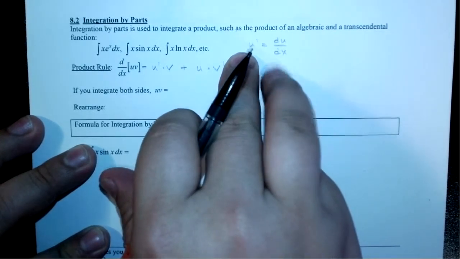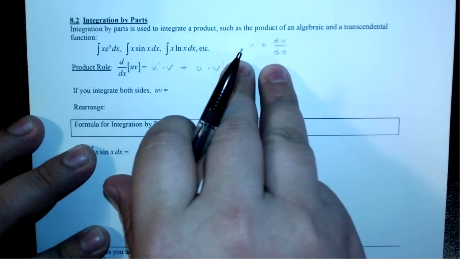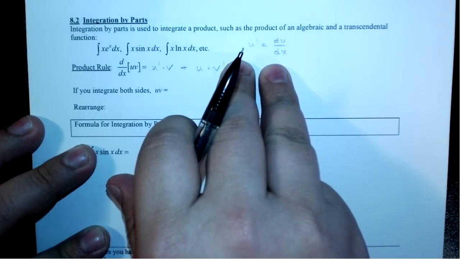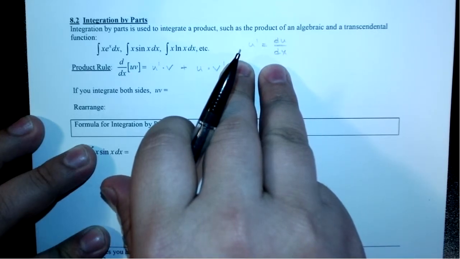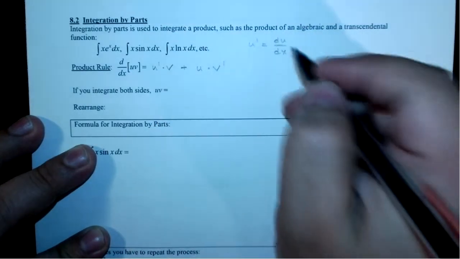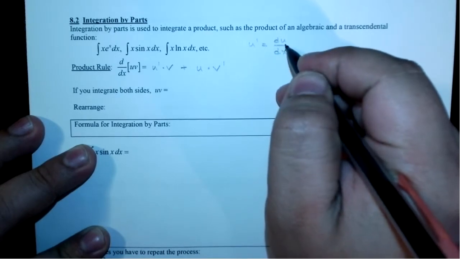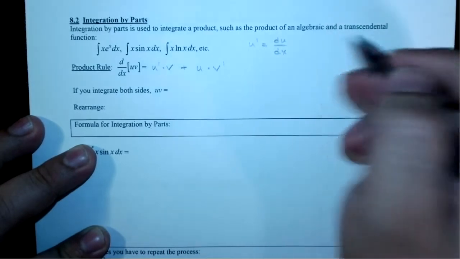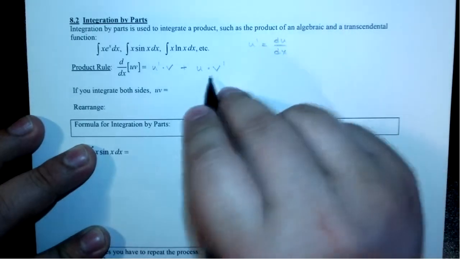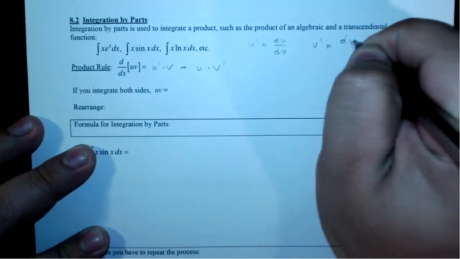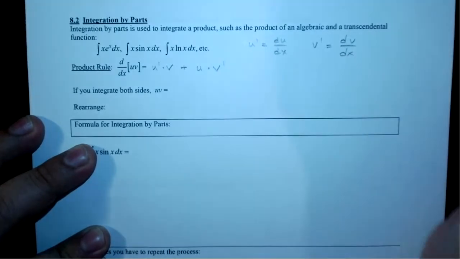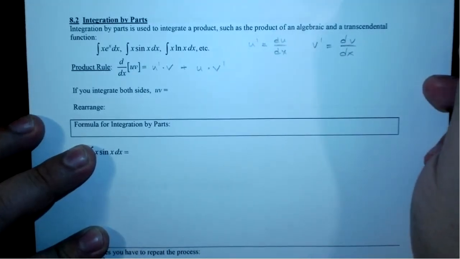Well, this one's prime notation, and this one is, I forget how to pronounce his name, I think it's Leibniz notation is what this one is called. Or they also call it differential notation sometimes. And likewise, v prime is dv over dx.